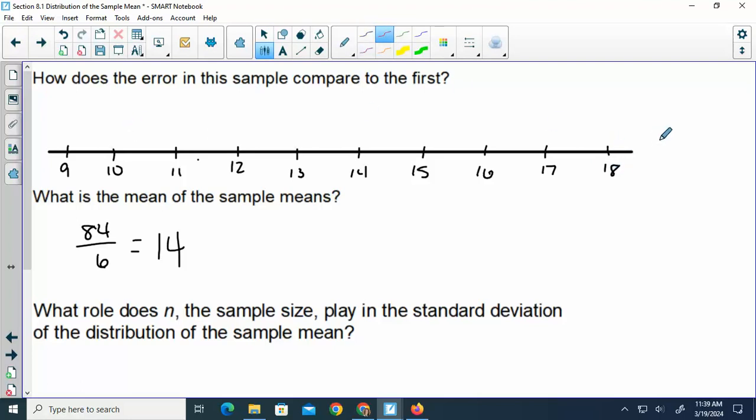First I'm going to do it with when we had a sample of 2.